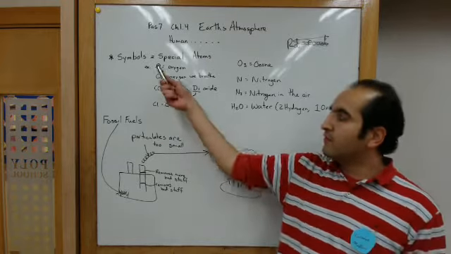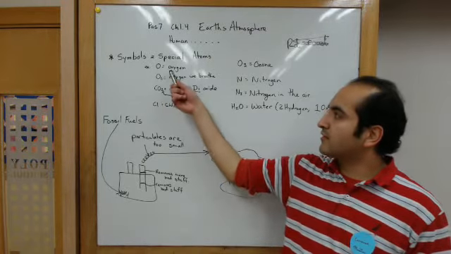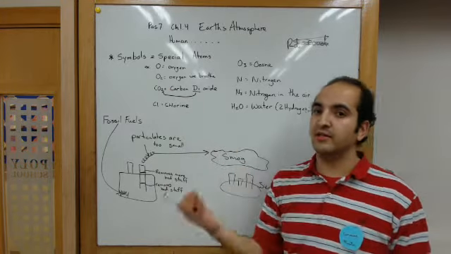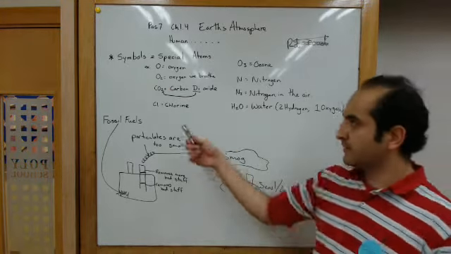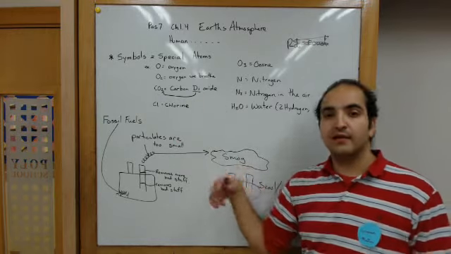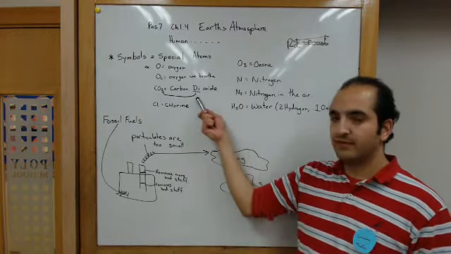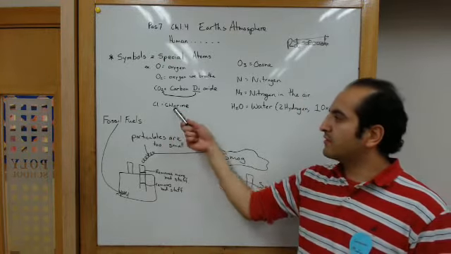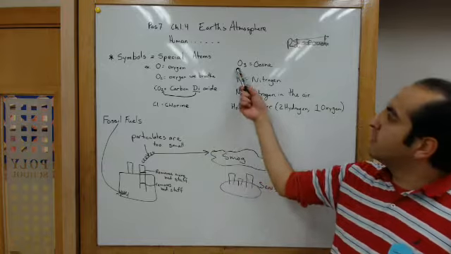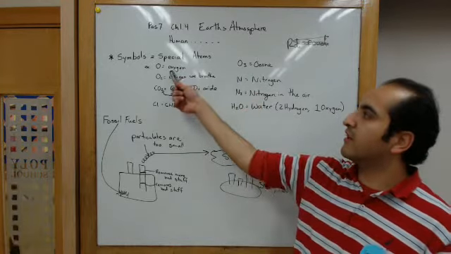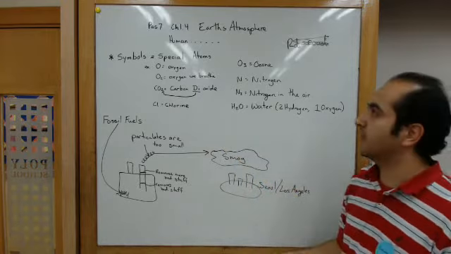For example, O means oxygen, and O2 is the oxygen that we actually breathe in and use. CO2 means carbon dioxide, and if you notice a pattern, di means 2 in Latin. Cl means chlorine. O3 is ozone. It's 3 atoms of oxygen, if you remember atoms from the time before.